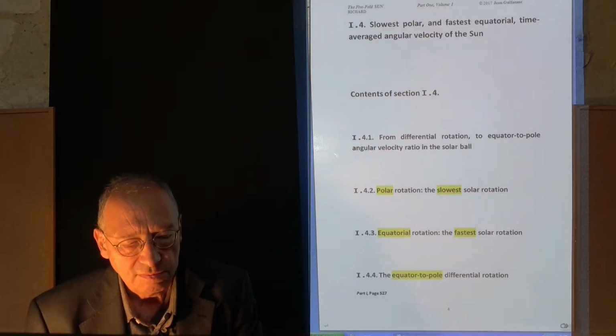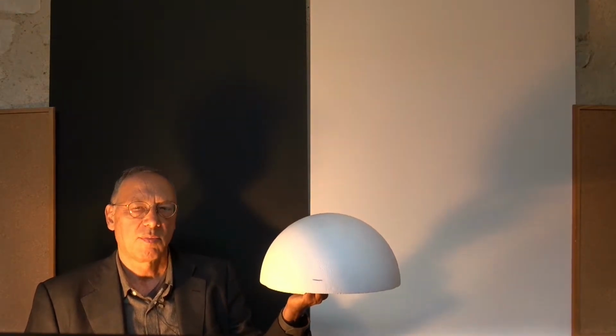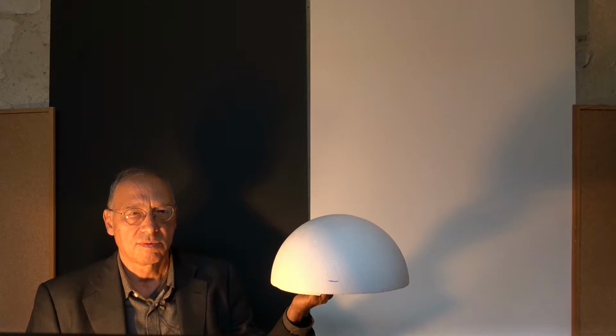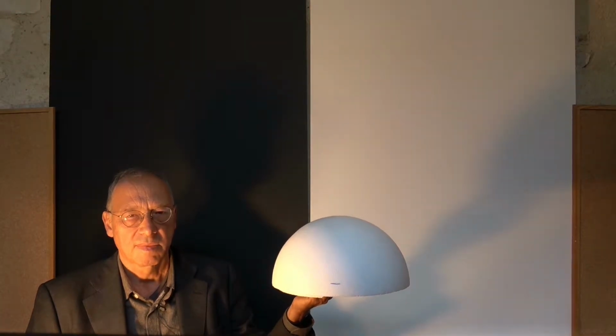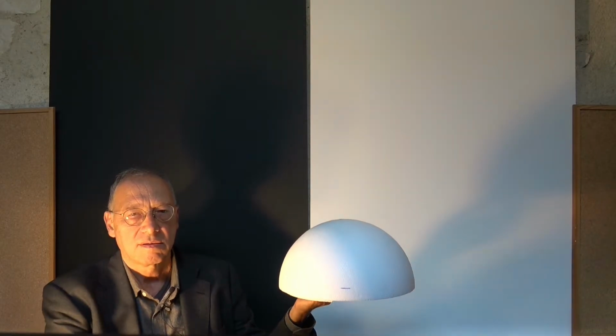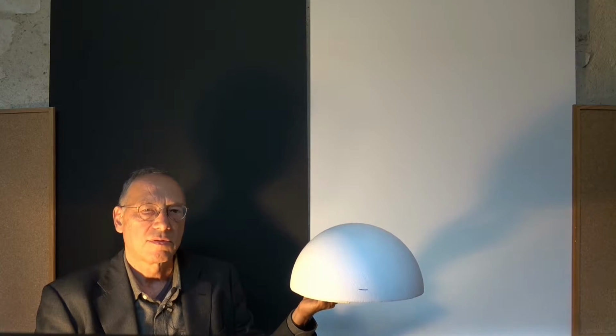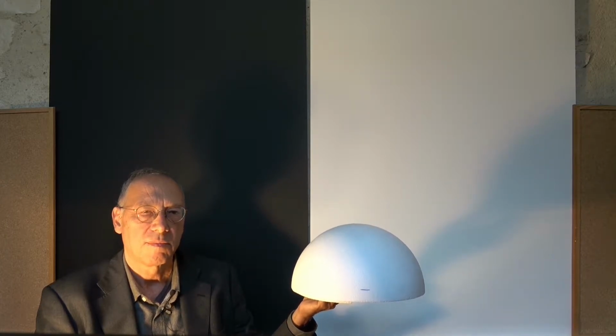I show you for now a simple model of a hemispheric part of a ball comparable to the solar spheroid. You see there is a mark over here which marks the latitude of about 5 degrees poleward from the equator of this hemisphere.